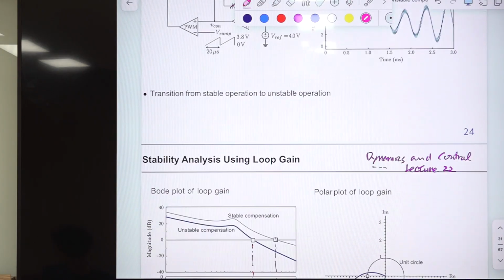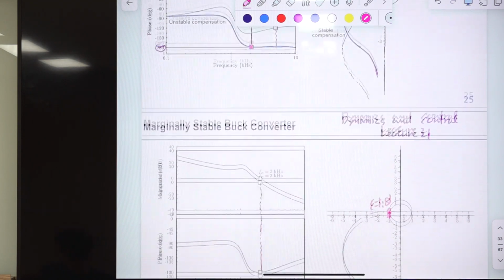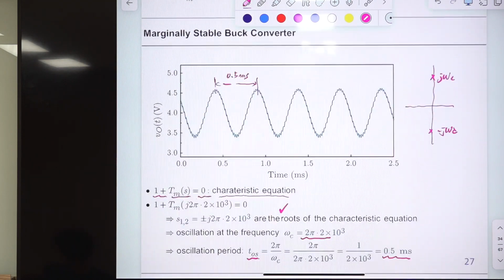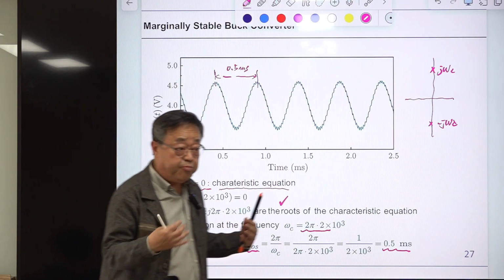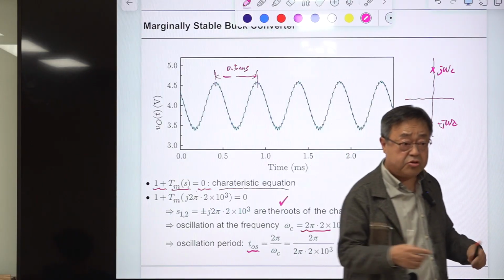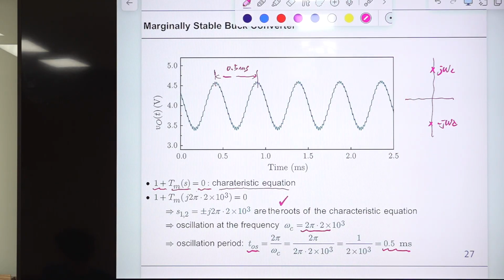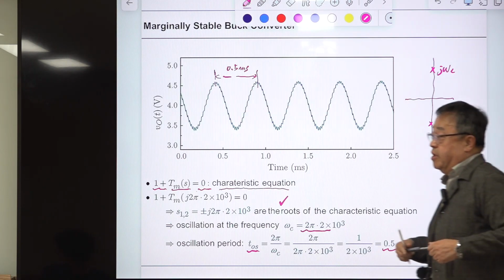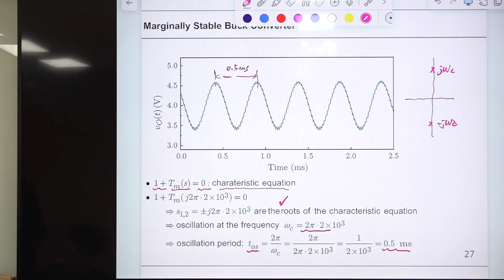I demonstrated the dynamics of an unstable converter and a marginally stable converter. And again, the most important point is that we are using classical control theory without any problem, with almost no limitation, because of the presence of the small signal model. All right, this is the end of this lecture.